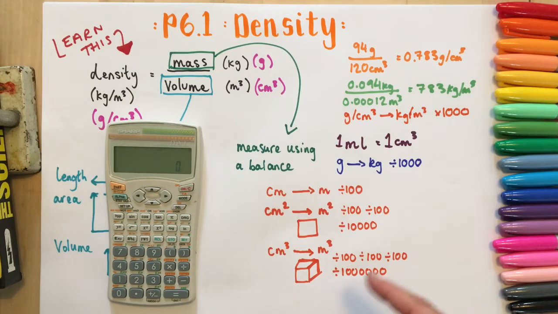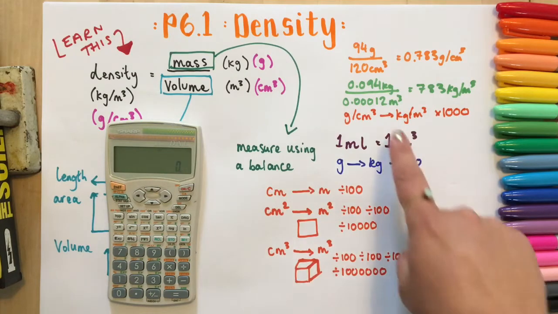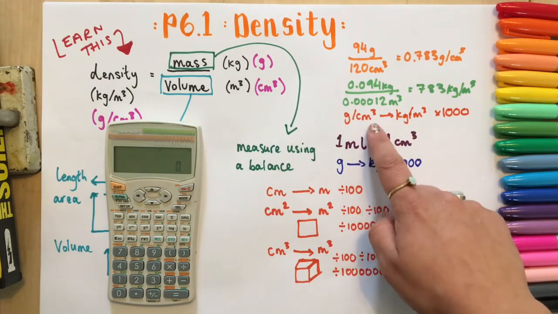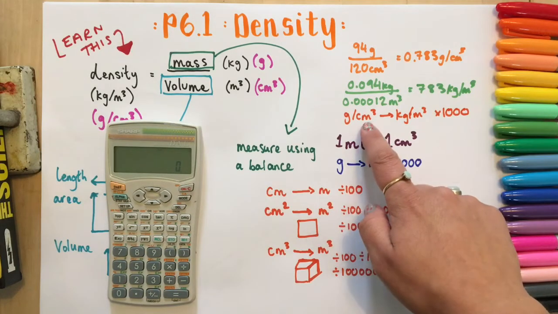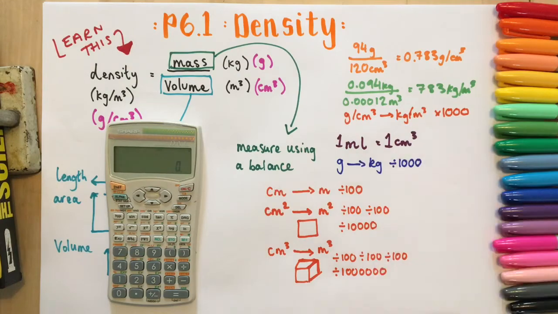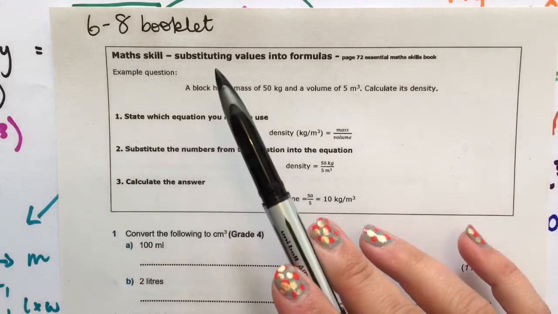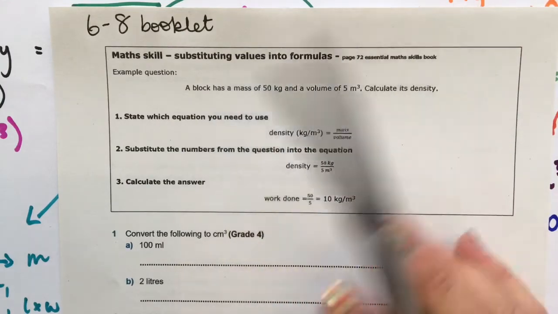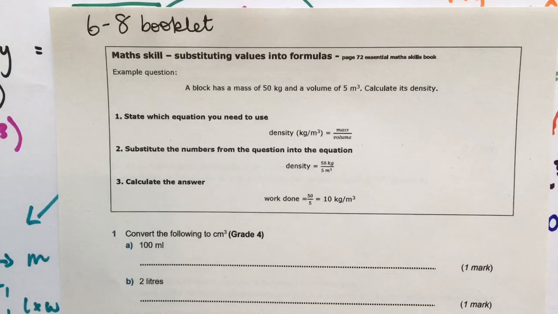But if you're struggling with remembering how many zeros it is, particularly with volume, because it can be tricky, you could just learn this as a fact, that the process to get from grams per centimetre cubed to kilograms per metre cubed is to multiply by 1,000. So have a go at the questions that have been attached to the lesson, and then check back here in a minute to go through the rest of the answers.